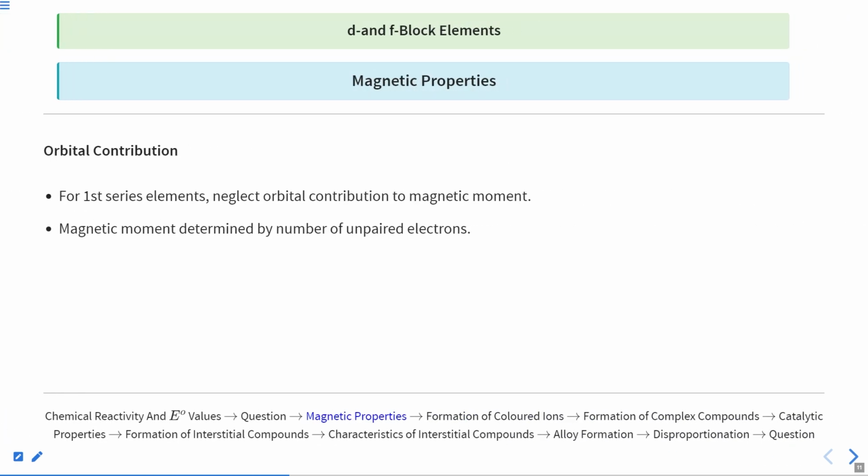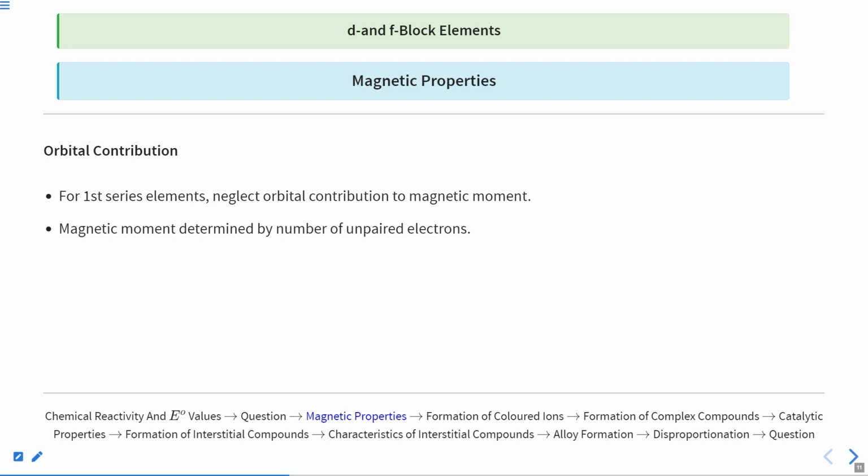Talking about the magnetic property, it comes from two reasons. First is the orbital contribution, and second is the spin contribution. The first series elements, scandium, titanium and so on, have a negligible contribution from the orbital.